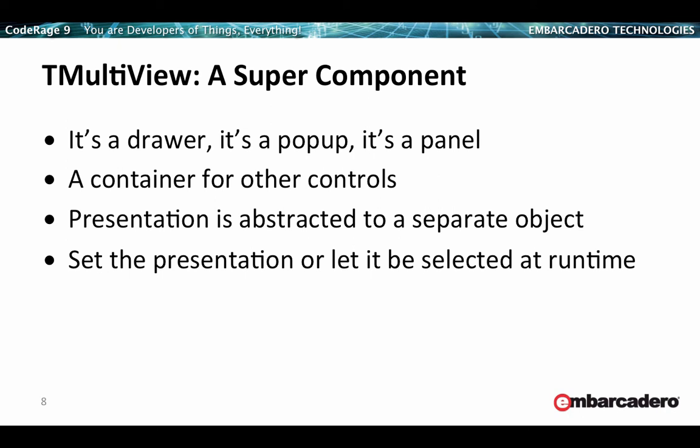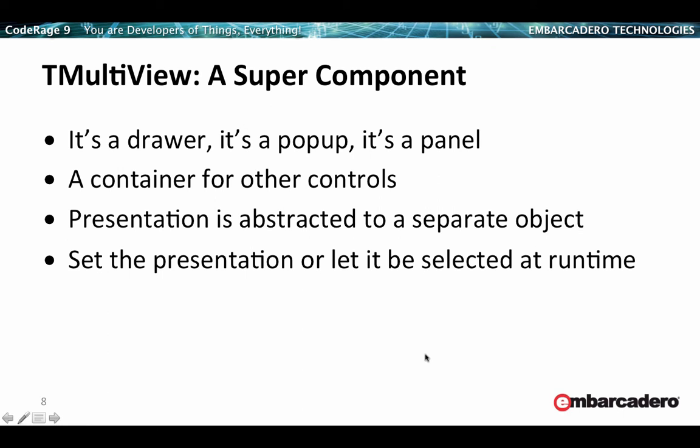And we've defined presentation classes for the most common types of displays. We have a presentation class for a drawer, which can either overlay the existing content or push the content aside. We've defined a presentation for a docked panel, and it's also possible for you to develop and register your own presentation object and use that if you don't want to use one of our predefined ones.